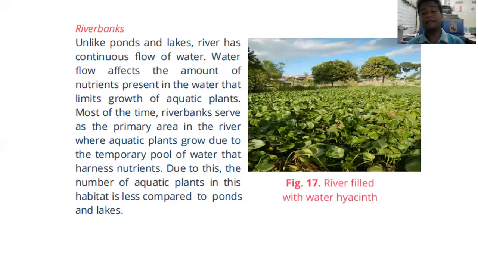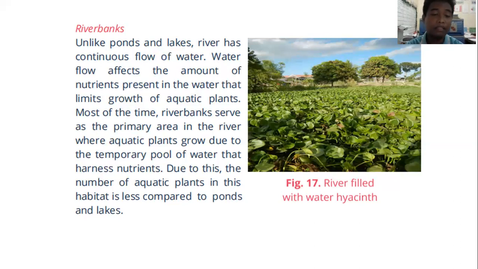So river banks are not the same as ponds and lakes because a river has continuous flow of water. So water flow affects the amount of nutrients present in the water that limits growth of aquatic plants. Because of the flow of water, maapektuhan ang growth sa aquatic plants.